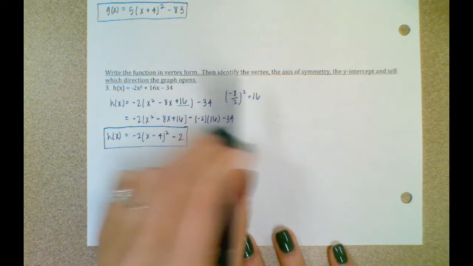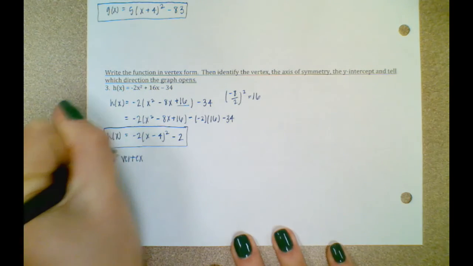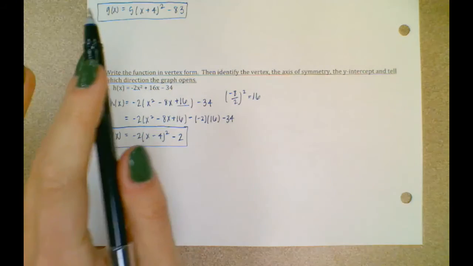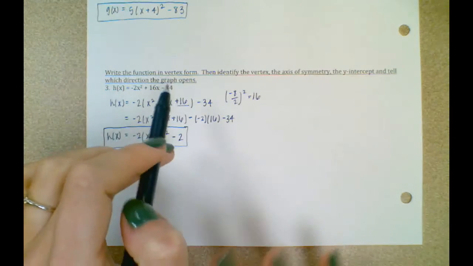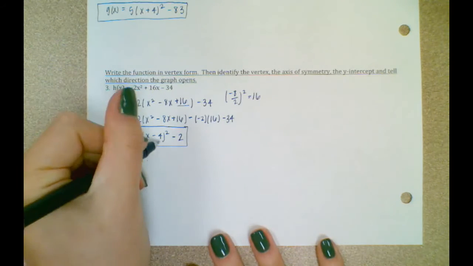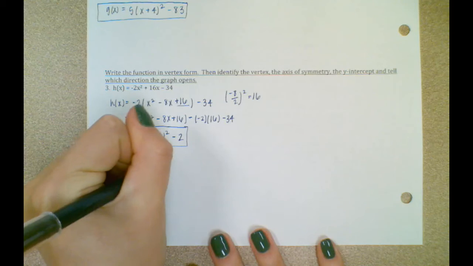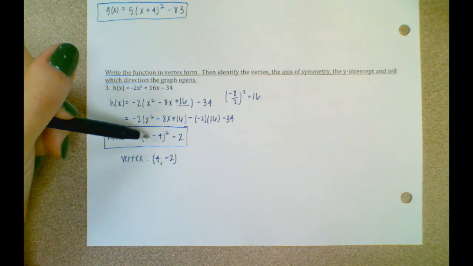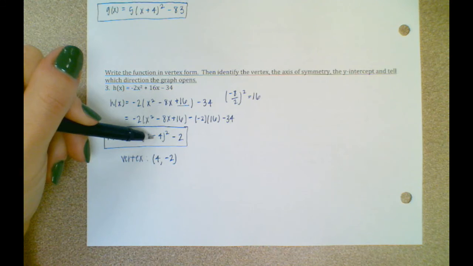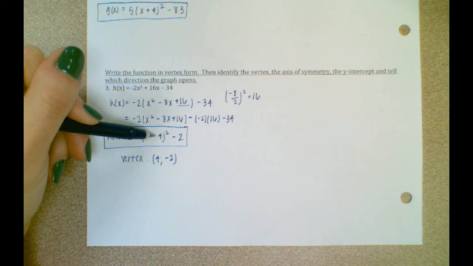Now I'm going to identify the vertex and whatever else it tells me to identify. It's so much easier to find the vertex, axis of symmetry, and all that once you're in vertex form. All right, so my vertex is the h, k value, so h is 4 and k is negative 2. Okay, remember when we did absolute value functions, how we talked about the h value, if this is a plus sign, then that really would be a negative 4.